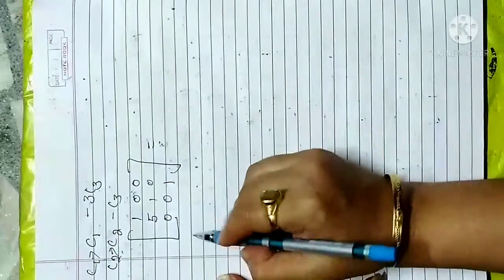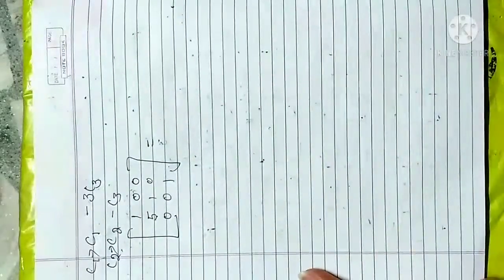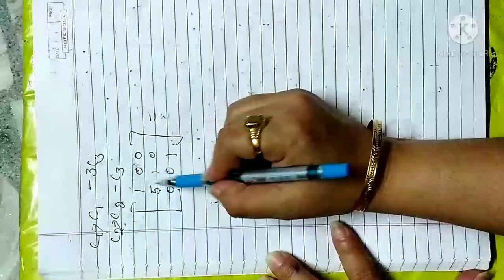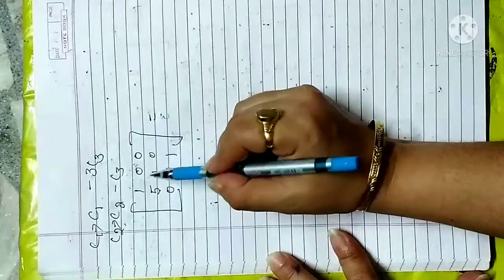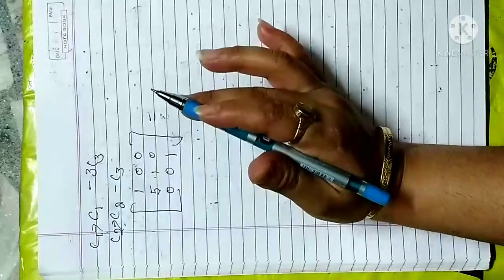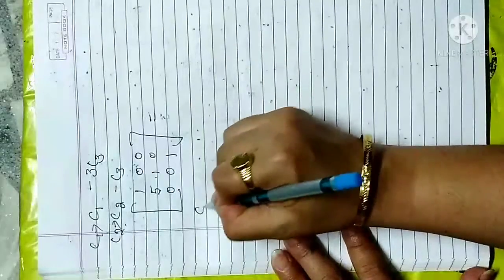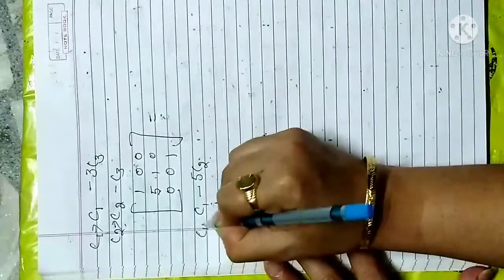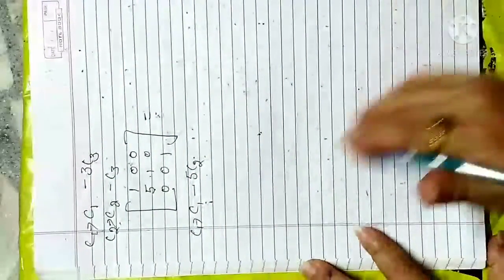Okay, so now only this 5 is left to remove. So what I do, only when this column is multiplied by 5 and subtracted from here, I can easily get it here 0. So column 1 minus 5 times column 2, so that is applied in column 1.